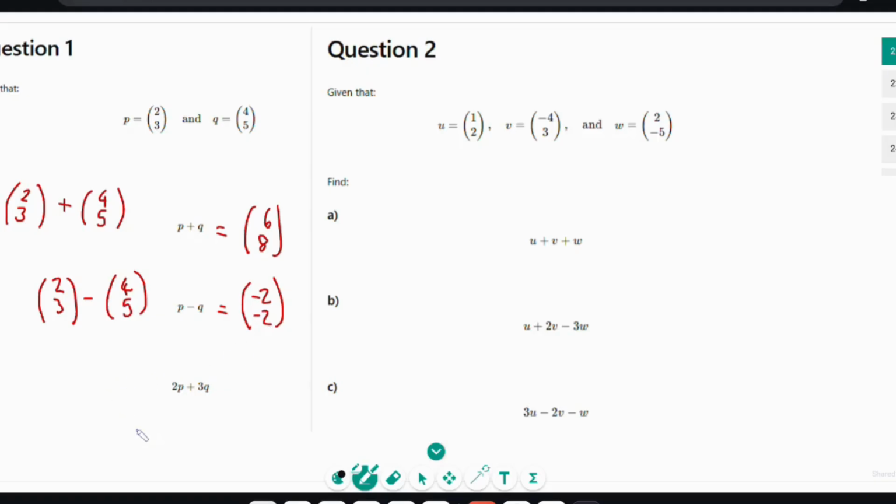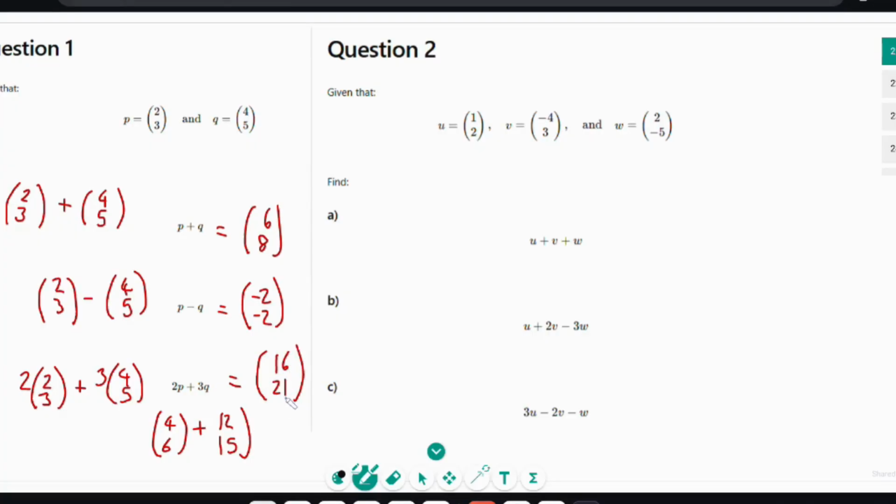Now we've got 2P plus 3Q. So 2P plus 3Q. (16, 21).